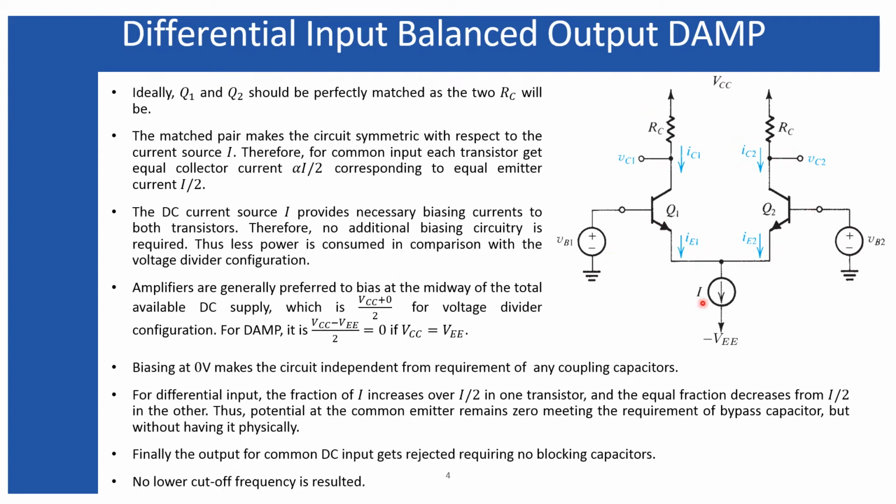All three capacitors which are responsible for the lower cutoff frequency in the voltage divider circuit can now be fully avoided for this differential amplifier, so the lower cutoff frequency is improved over the voltage divider bias configuration. Improved means there is no lower cutoff frequency; it starts right at 0. So the bandwidth is also improved over the voltage divider bias configuration.